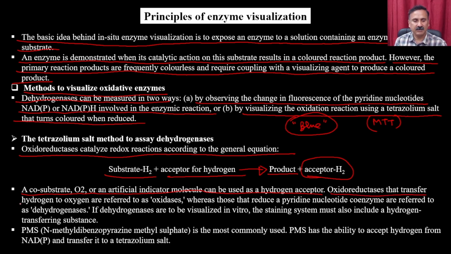Oxidoreductases that transfer the hydrogen to oxygen are referred to as oxidases, whereas those that reduce the pyridine nucleotide coenzymes are referred to as dehydrogenases. For the dehydrogenases to be visualized in vitro, the staining system must include a hydrogen-transferring substance. Then we have PMS, the most commonly used one, and PMS has the ability to accept the hydrogen from the NAD plus and transfer it to a tetrazolium salt.